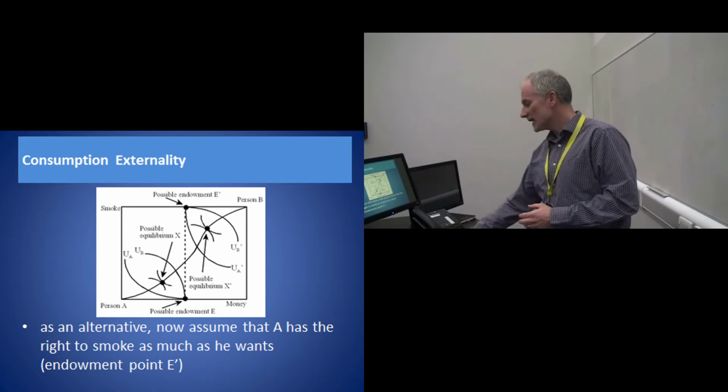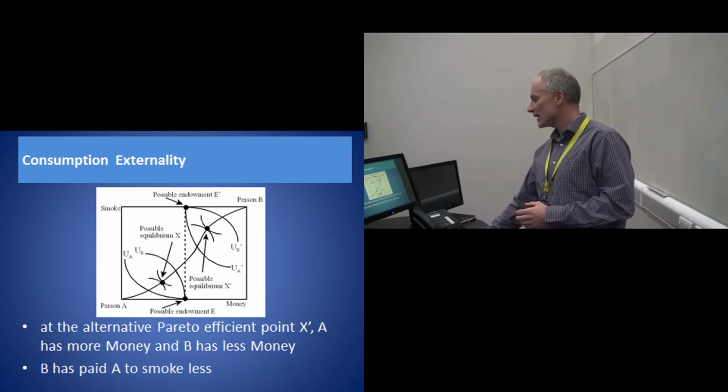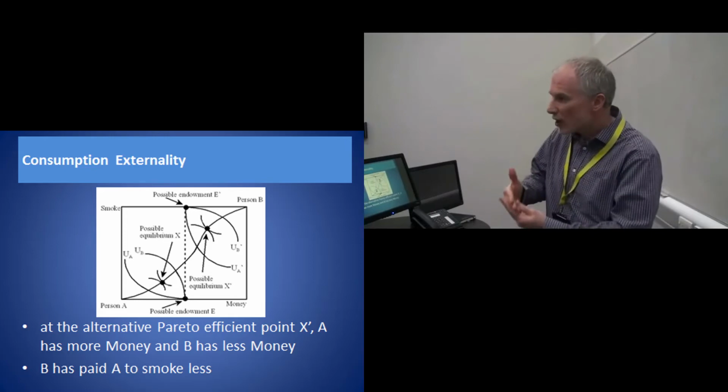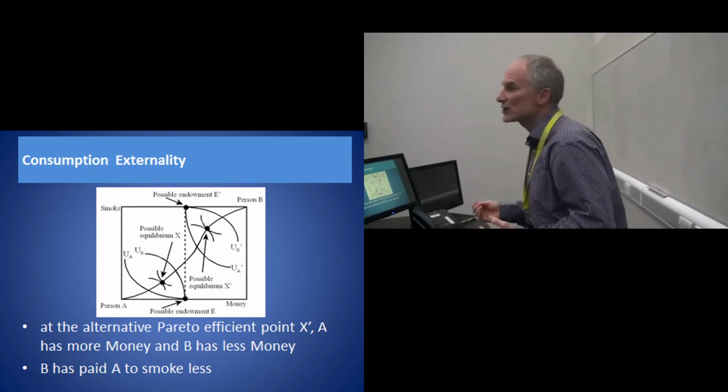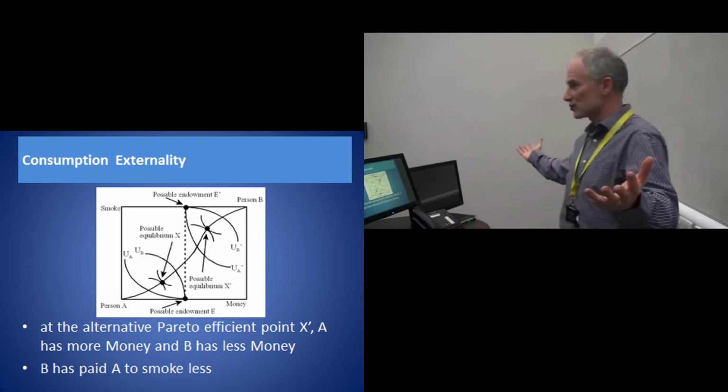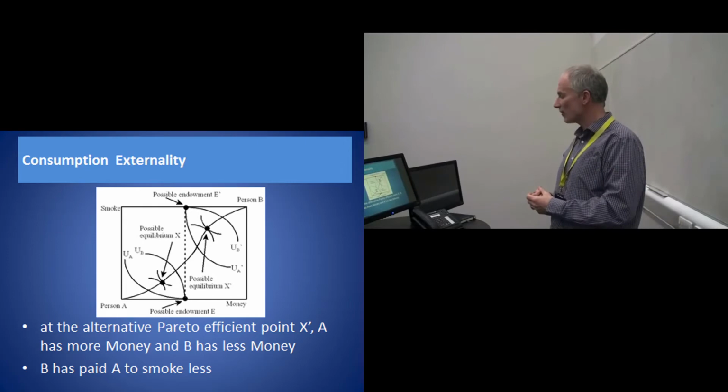You can easily imagine trade taking place to move the individuals from point E prime to a point X prime. Going from E prime to X prime, both are better off. Person A is on a higher indifference curve. Person B is on a higher indifference curve. They'd both be made better off.